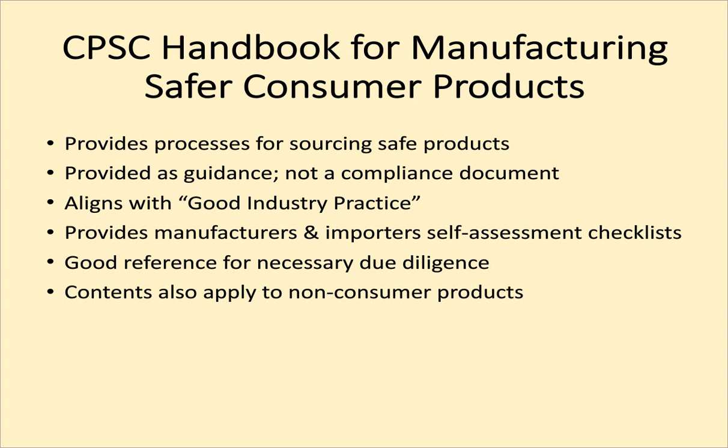It does align with good industry practice, and so any manufacturer that's doing things properly will typically comply with most of the manual. And it provides those manufacturers and importers self-assessment checklists so they can look at the manual and go through the checklist and determine if they're performing their operations properly.